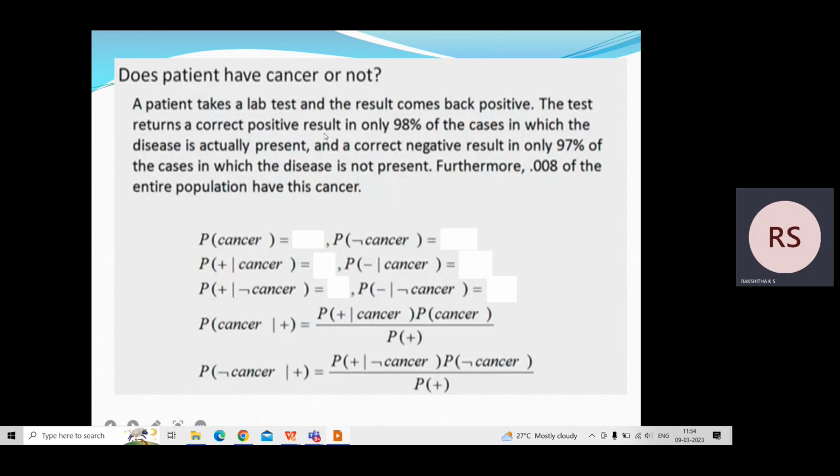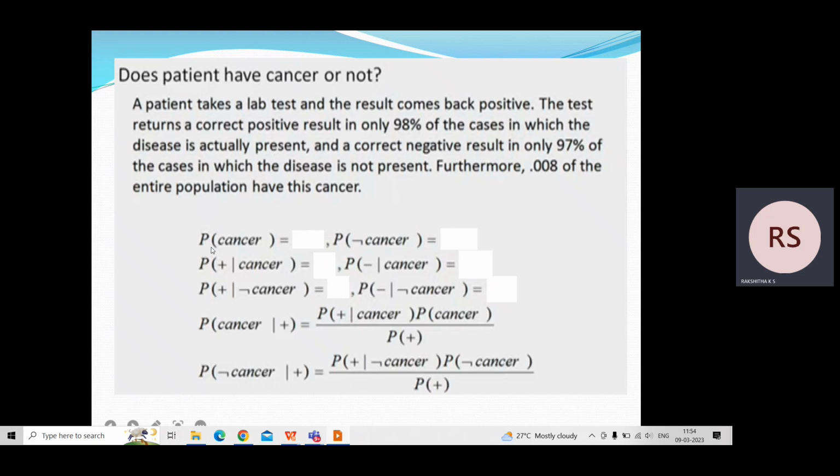The test returns a correct positive result in only 98% of the cases in which the disease is actually present, and a correct negative result in only 97% of the cases in which the disease is not present. Furthermore, 0.008 of the entire population have this cancer. This is the question given, and we need to calculate the answer.